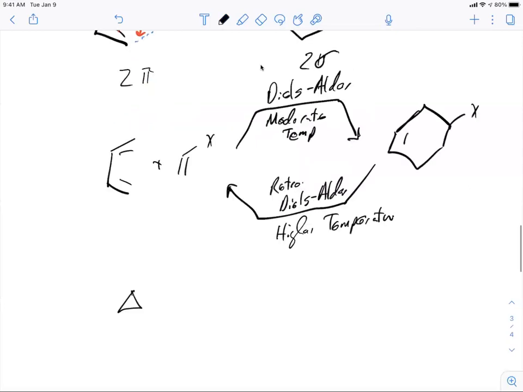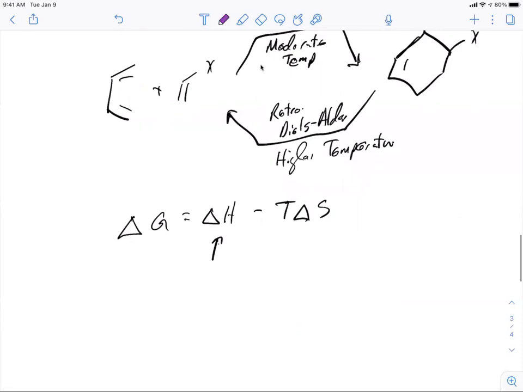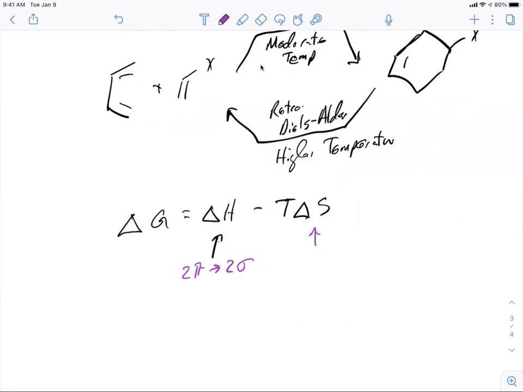And again, if we look at delta G equals delta H minus T delta S, going from two pi bonds to two sigma bonds is favored by enthalpy. But if we look at entropy, this is two molecules to one molecule, which is not favored in the forward direction.